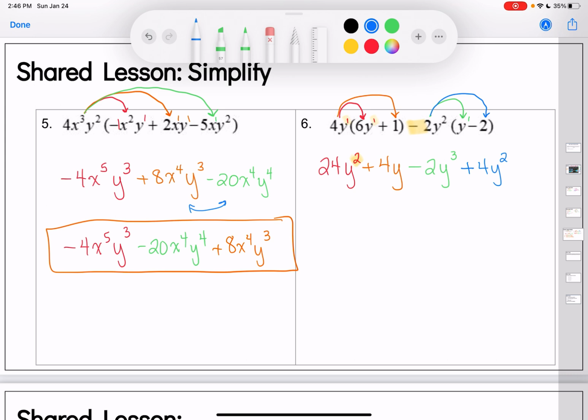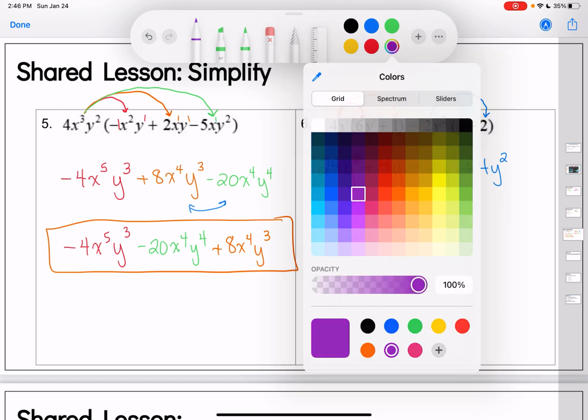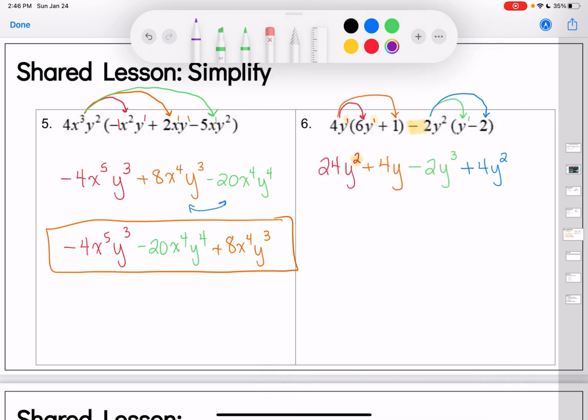Now I know in the last, when we were doing adding and subtracting, I really emphasized writing the like terms underneath each other, and you definitely could do that on this one too. I kind of forgot about it, so I didn't do it right away. But now look for like terms to combine. If you have that more than one distributing, double check that, okay? I'm also going to see if I can write this in standard form as we go. So I see I have y squared, y to the 3rd. So negative 2y to the 3rd would have to come first. That's my highest degree.